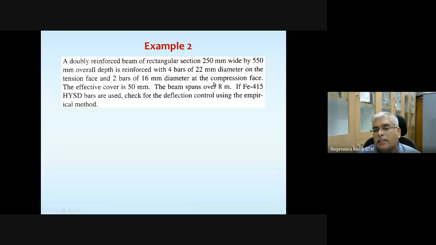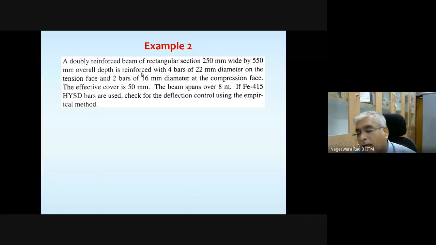So tension reinforcement is given, compression reinforcement is given, and effective cover is given as 50 mm. So effective depth is going to be 550 minus 50, 500. And the percentage of compression reinforcement and percentage of tension reinforcement you need to calculate with b times small d, 250 times 500.